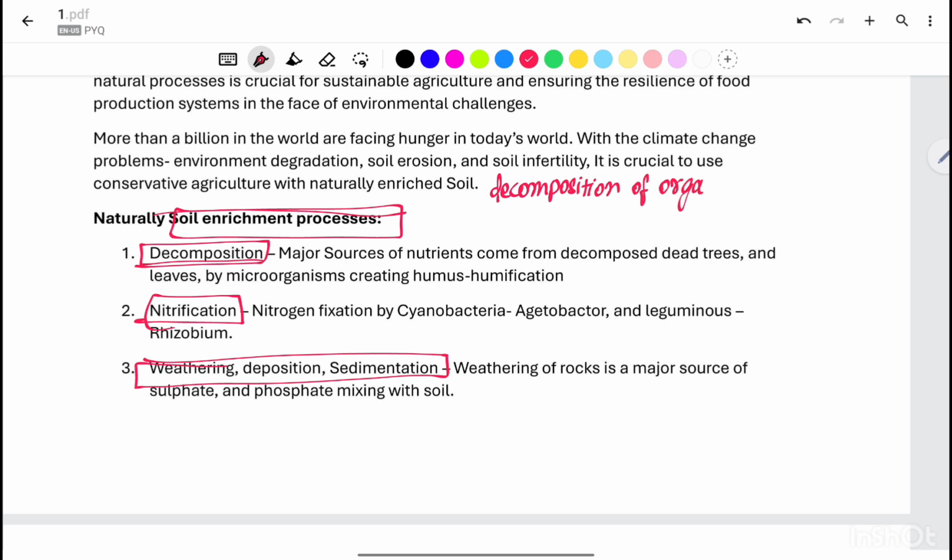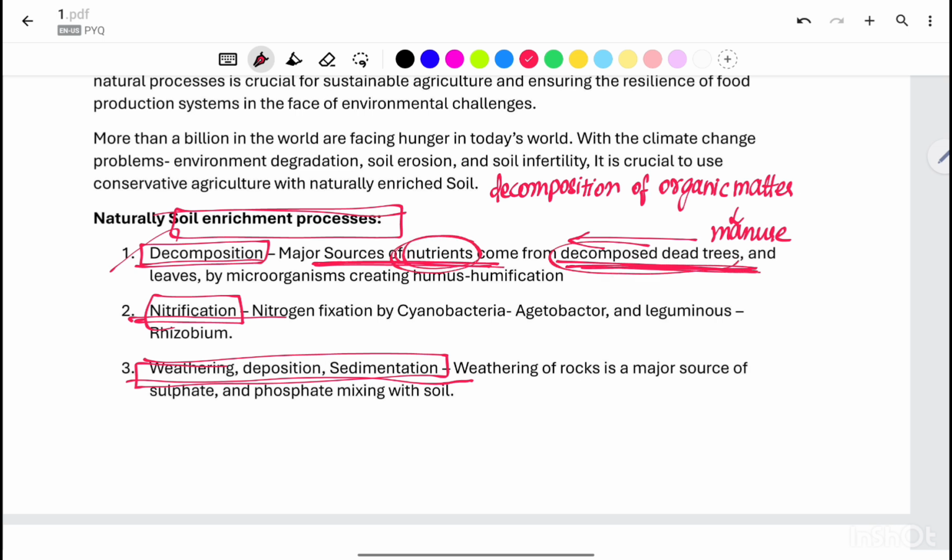Organic matter is what we call manure. Manure enriches the soil, along with nitrification, weathering, deposition, and sedimentation. First, decomposition. Major sources of nutrients come from decomposed dead trees.